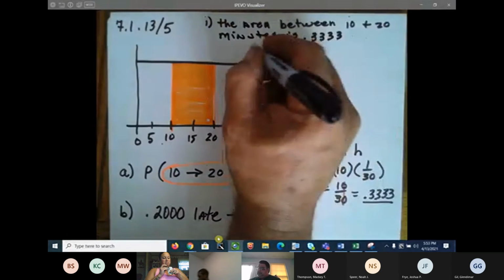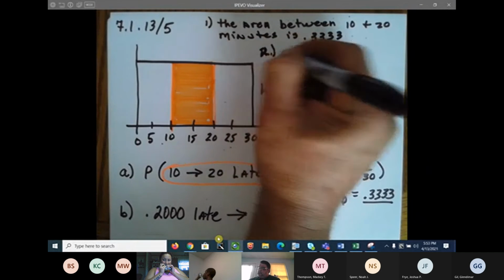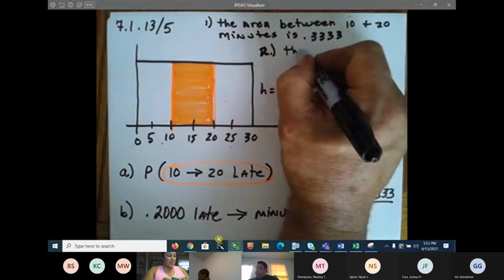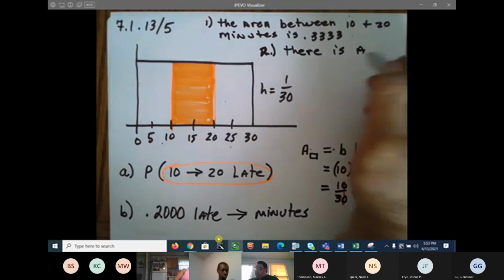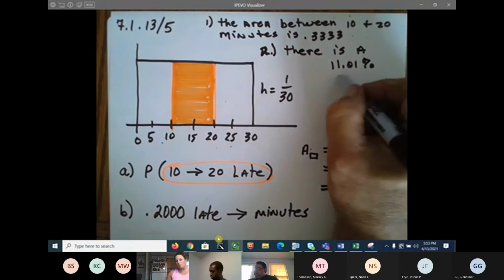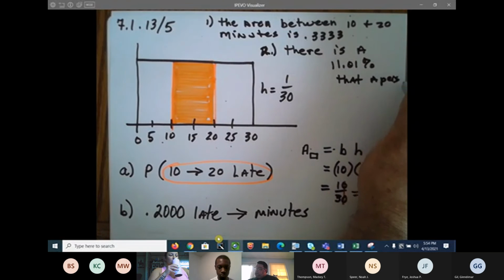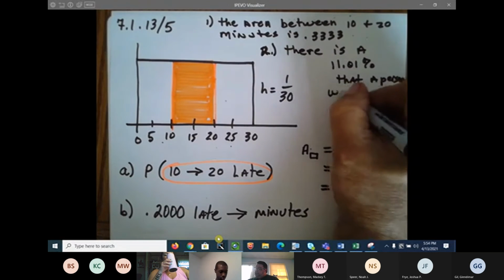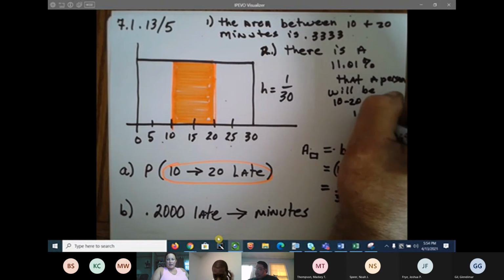The second context is to say there is a 33.33% chance that a person will be 10 to 20 minutes, what? Late.